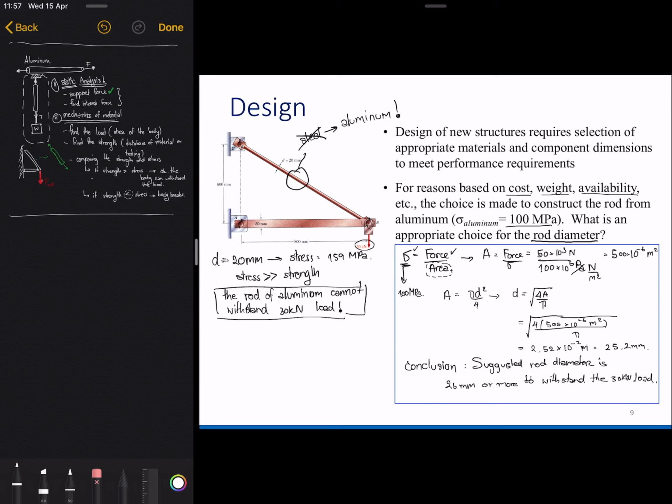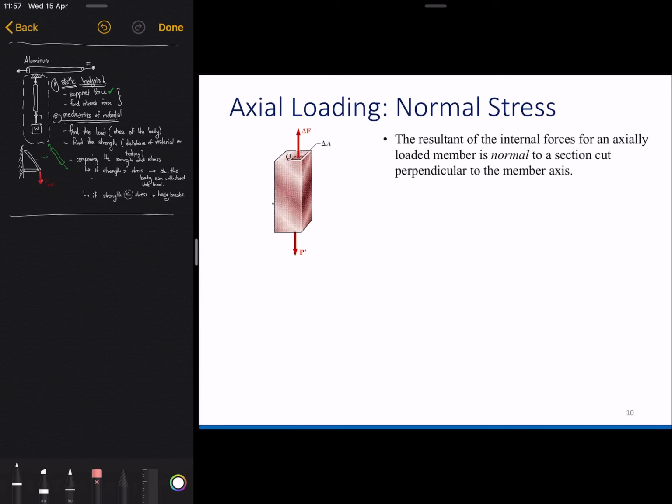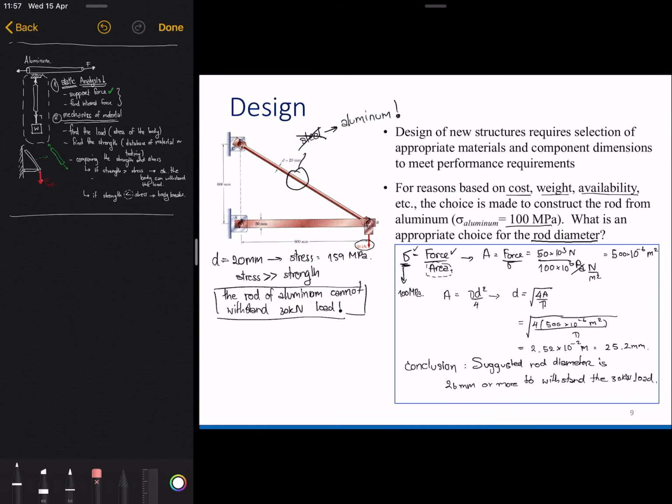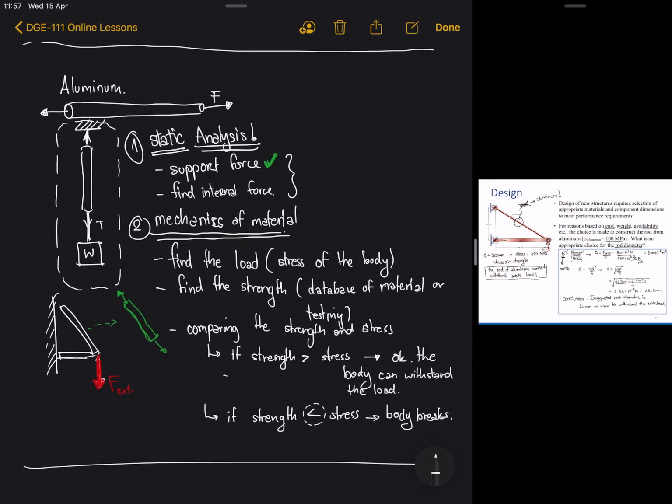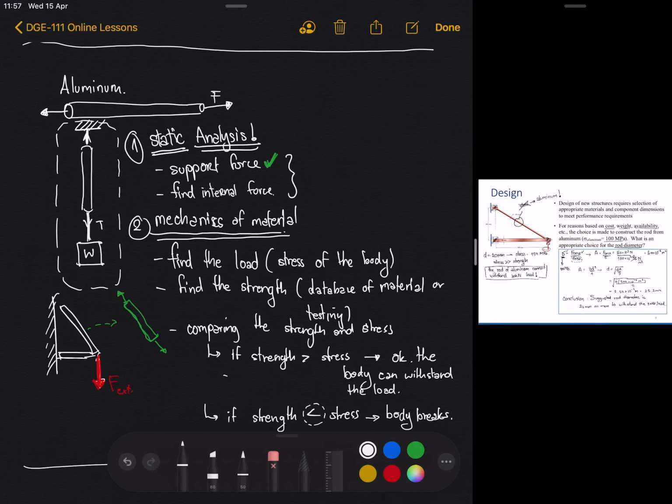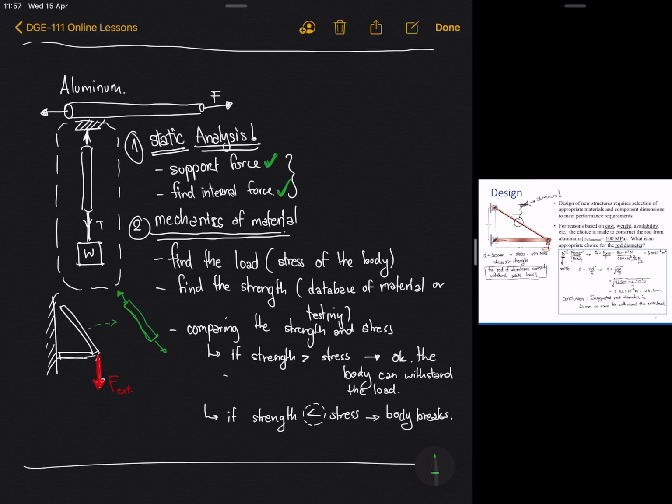Now coming back to this, what did we do here? I forgot to also do this. Previously you can remember we got the internal force FBC, that is the force in the rod.